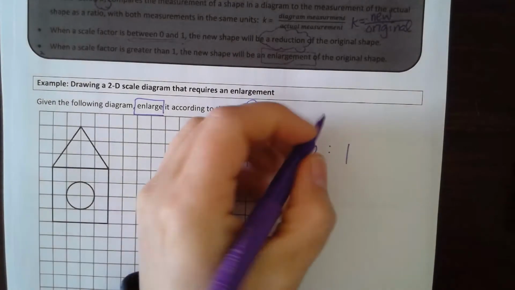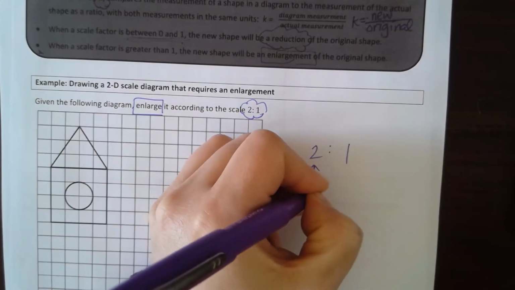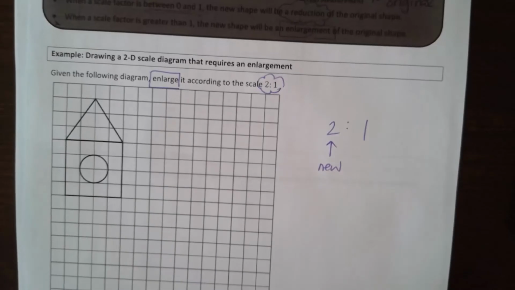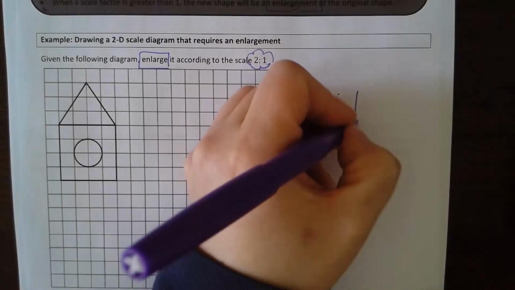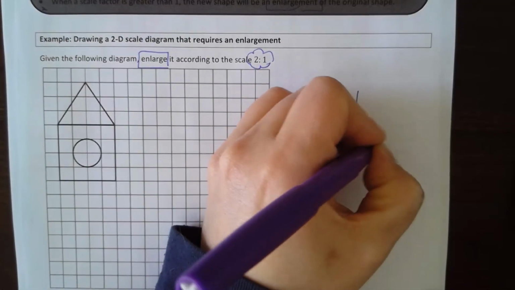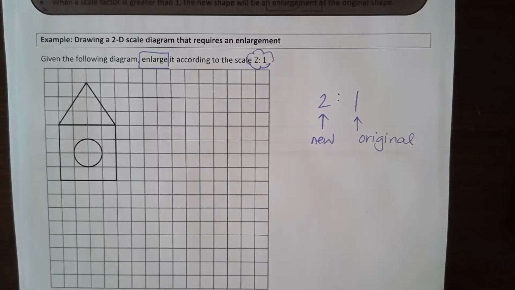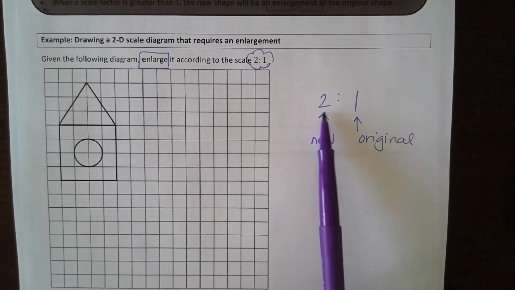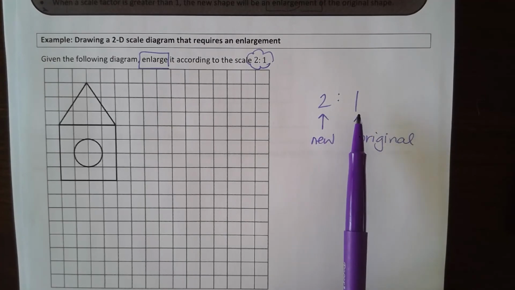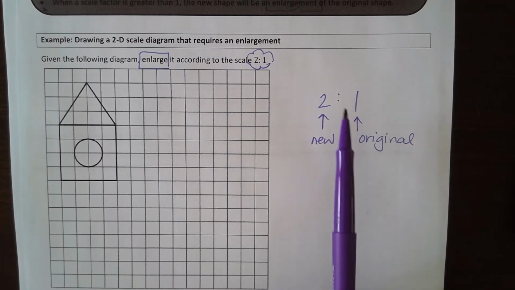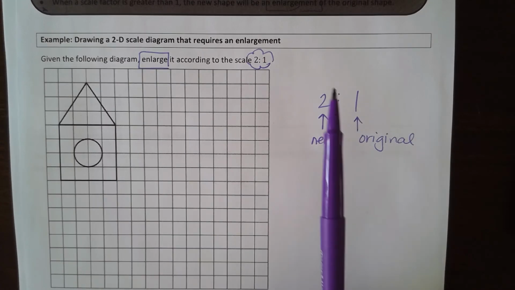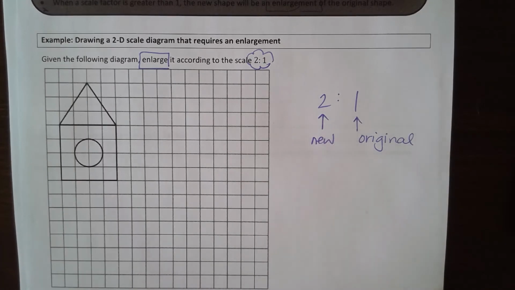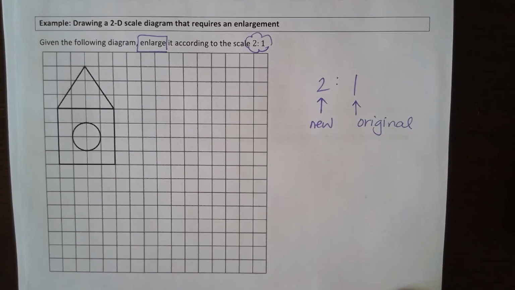Where that 2 is the new shape, and the 1 is the original. Okay, so the new shape has to be 2 times bigger than the original shape. For every 1 square that the original shape takes, the new shape is going to take 2 squares. Okay, so that's it. We just got to draw it.